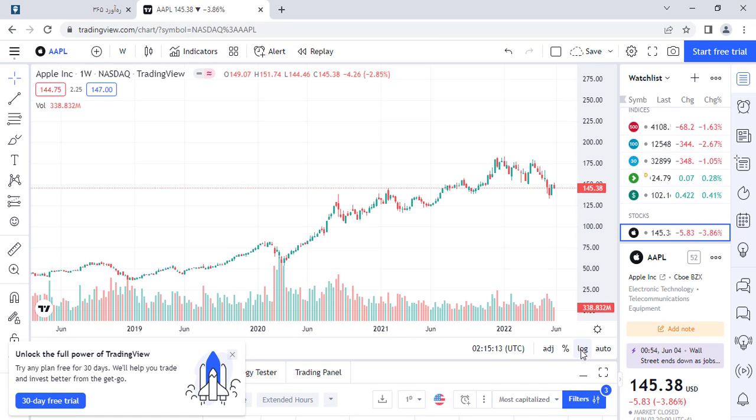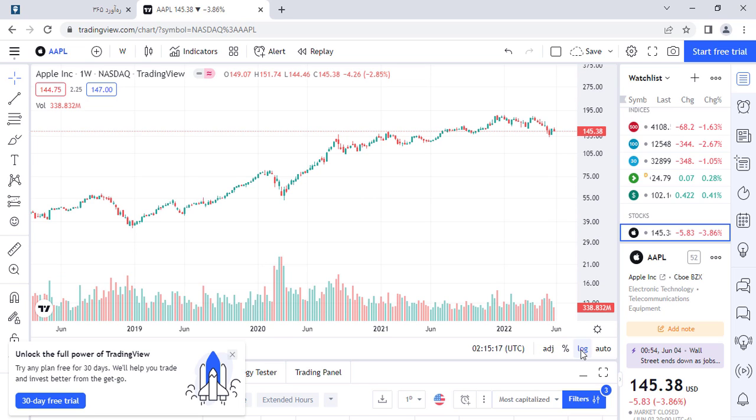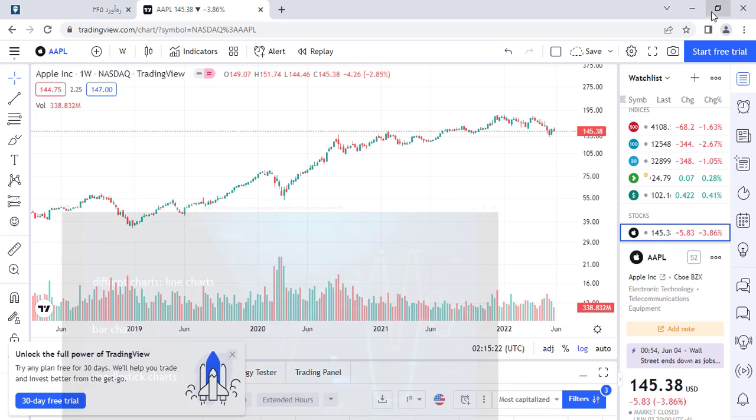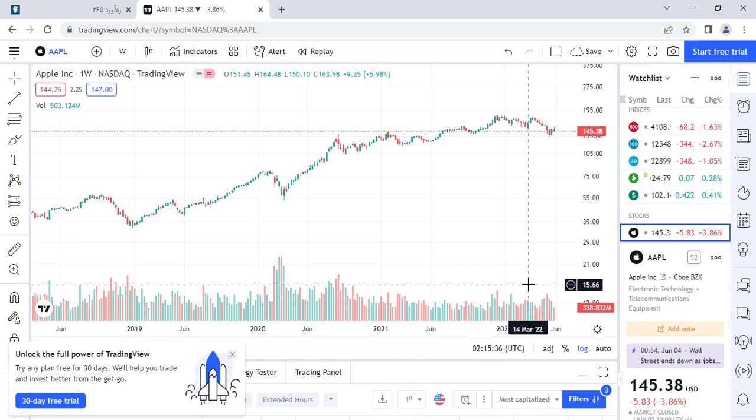Okay, let's continue. We have three types of charts that you may see in different platforms.